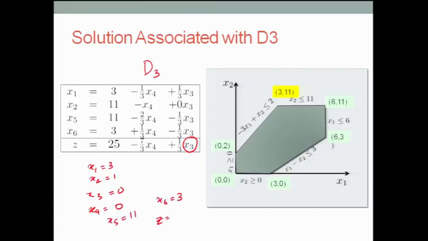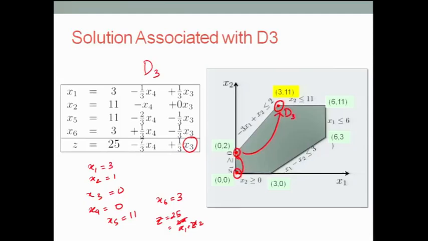And z equals 25. You can check that the original objective was x1 plus 2x2, and that gives rise to 25. So where are we in this feasible region? We are here. We started off here, and then in one step we jumped to here, and now we are jumping to here, and that's D3.